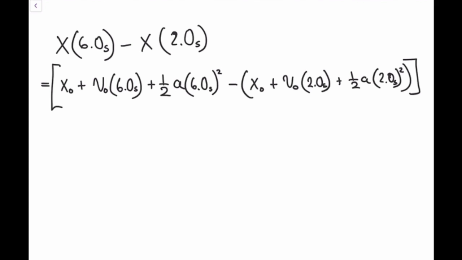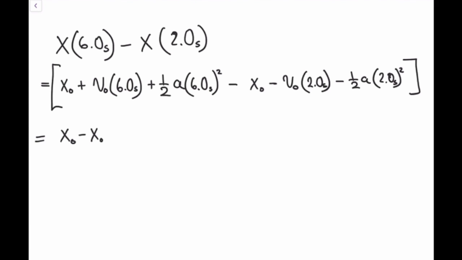Distributing that, each term is going to be negative. Now we can combine them. I'm removing the parentheses because I don't want to be writing over stuff. We can combine like terms: initial distance minus initial distance.